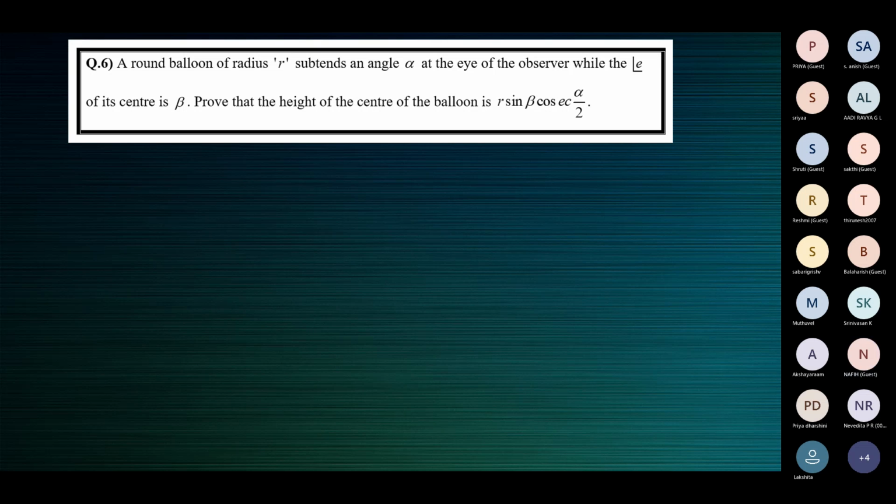So this is our first question for today's class. A round balloon of radius r subtends an angle alpha at the eye of the observer.